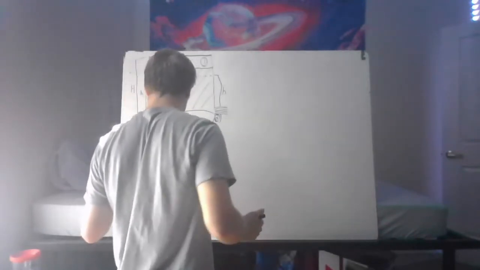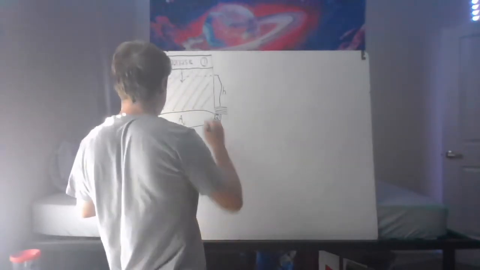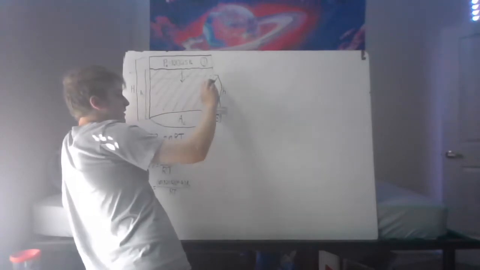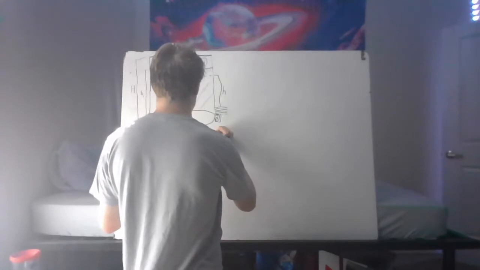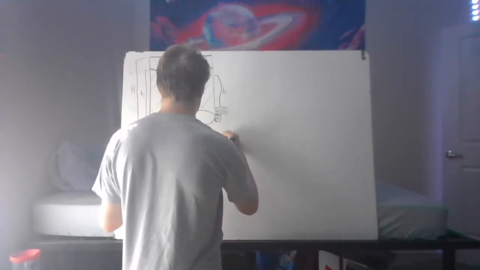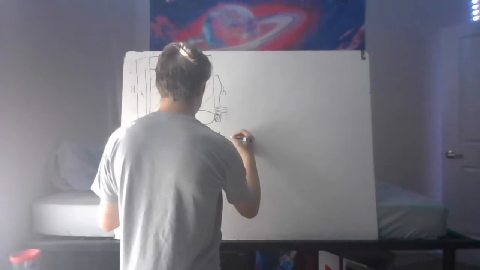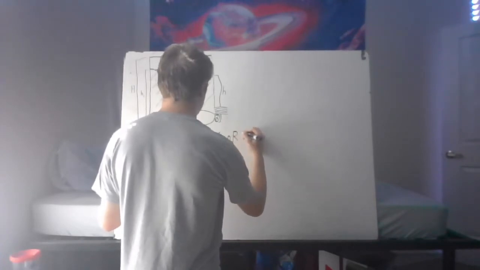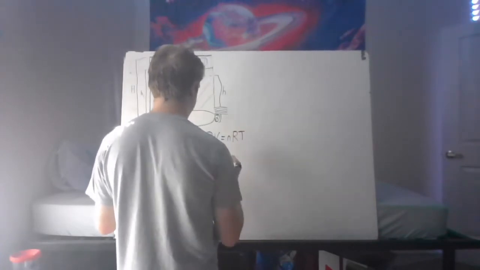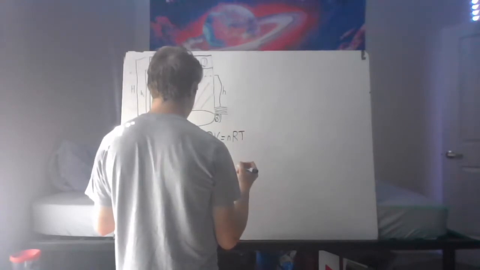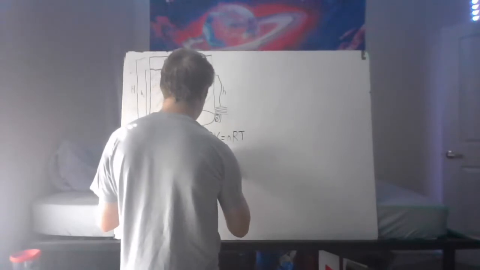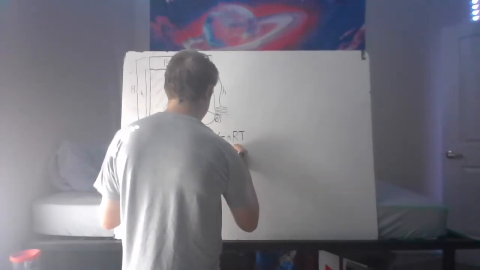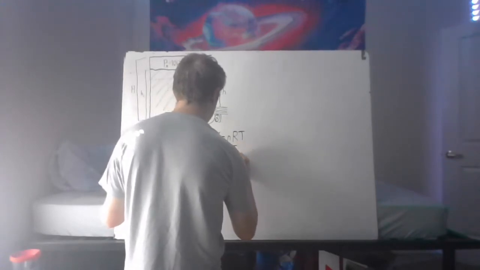Now we want to find the pressure when we're at any height h of the liquid. So we'll call it P1 and V1 equal to nRT, and again we want to isolate P1, which equals nRT over V1.